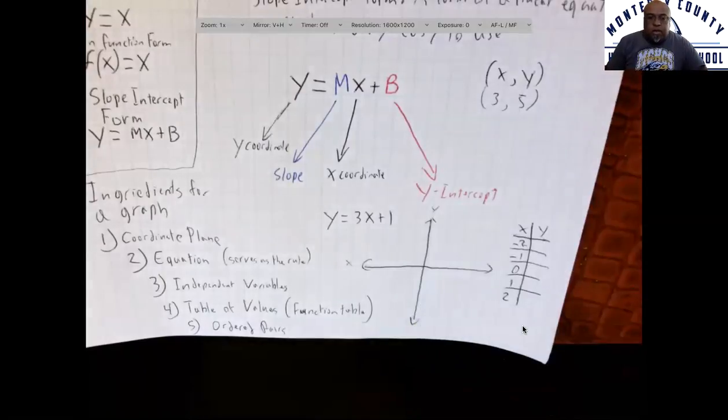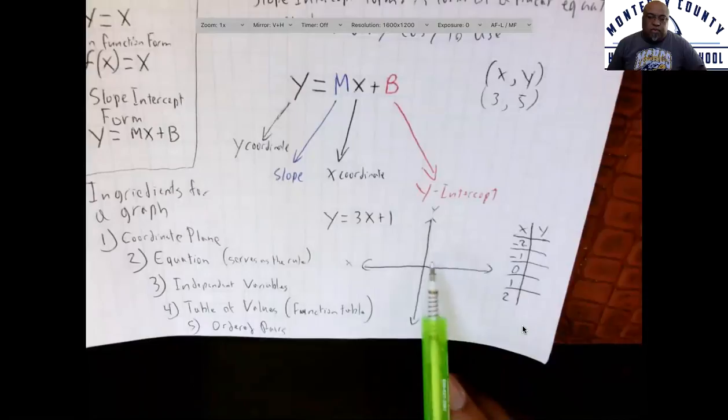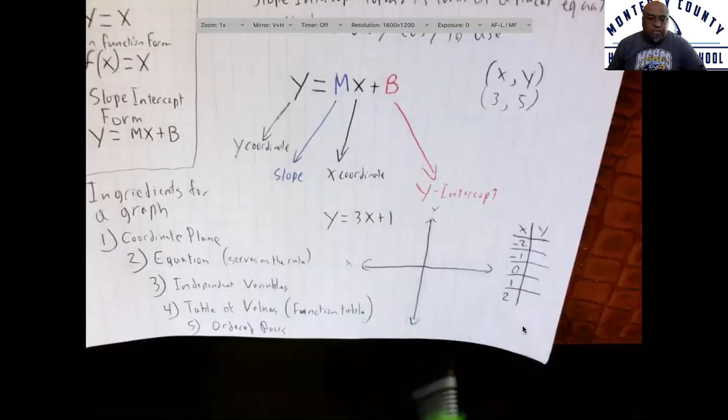Okay, so my independent variables are my x values. Where do they come from? I just made them up. Why do I make these ones up? Well, these ones are close to 0, and the graph starts at 0, 0, which is the midpoint of it, so therefore they should be easy to graph. There's no rocket science behind this, okay?